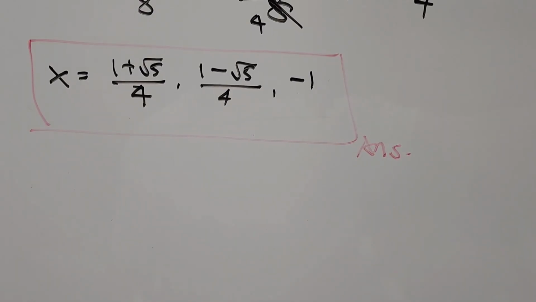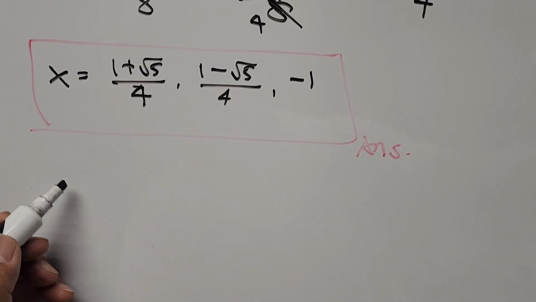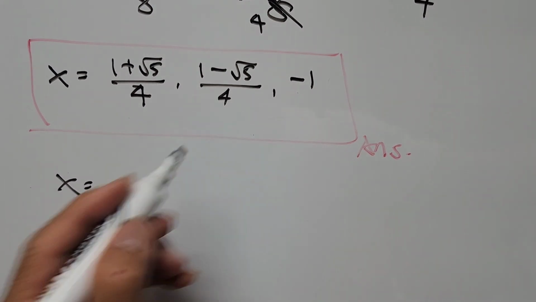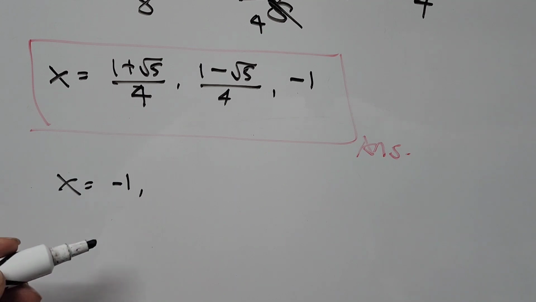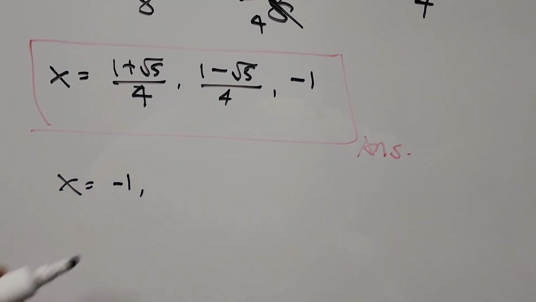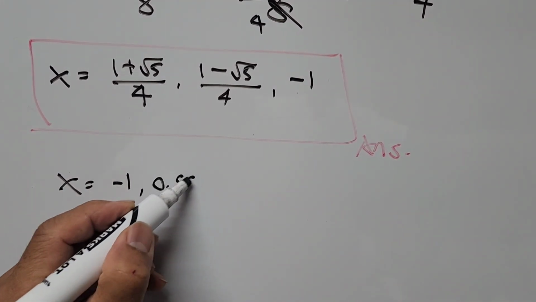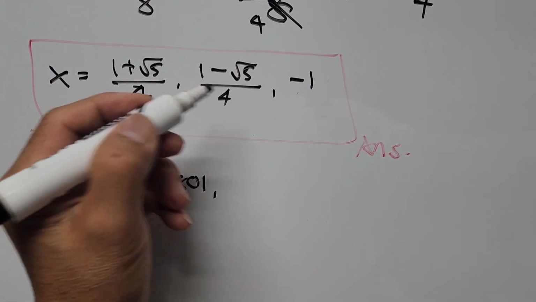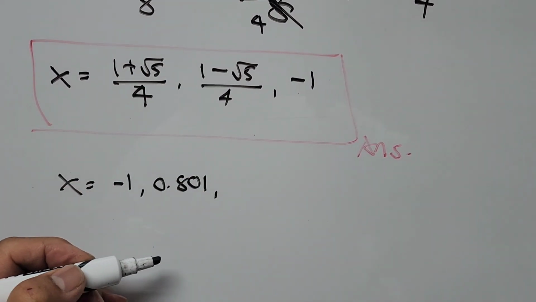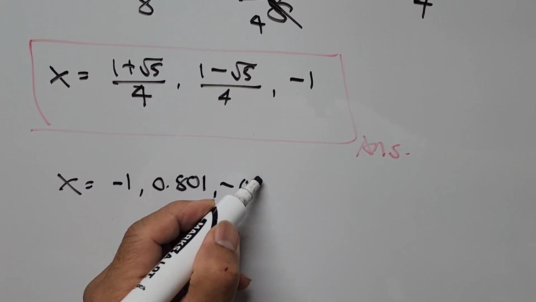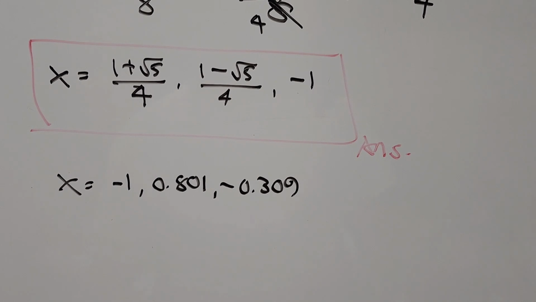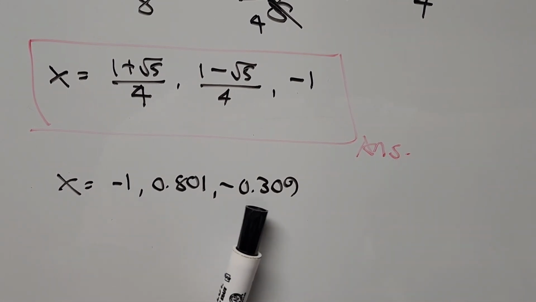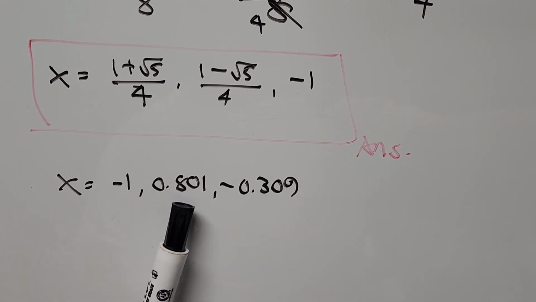If we simplify the roots, x is equal to negative 1, and 1 plus the square root of 5 divided by 4 is approximately 0.801, and 1 minus the square root of 5 divided by 4 is approximately negative 0.309. This simply means that the curve crosses the x-axis at negative 1, negative 0.309, and positive 0.801.